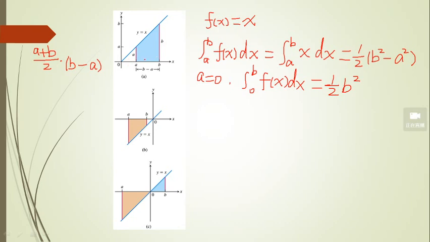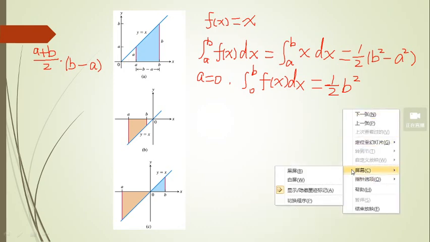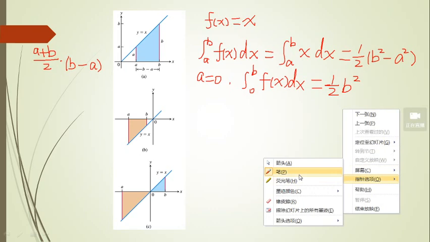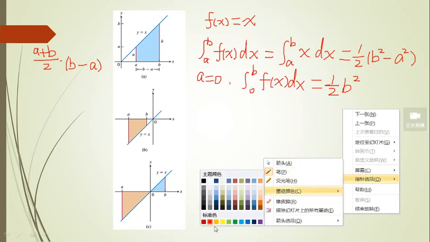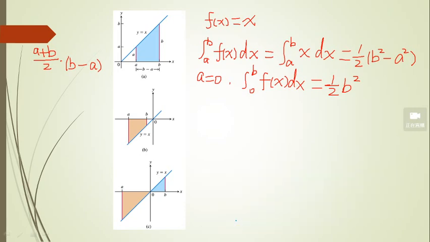In that case, what is the shape of this region? It's a triangle if we shade this part, right? Let me change into a color, into blue. So this one, 1/2 b squared, actually means we let a equal 0 and we shade this part.